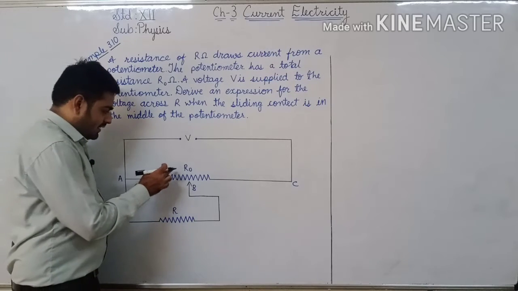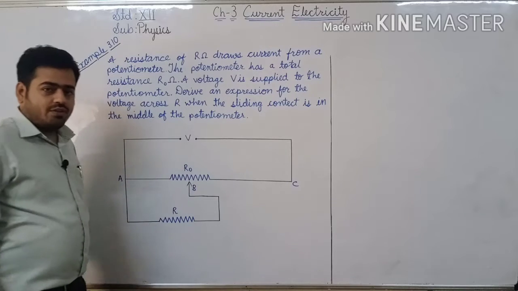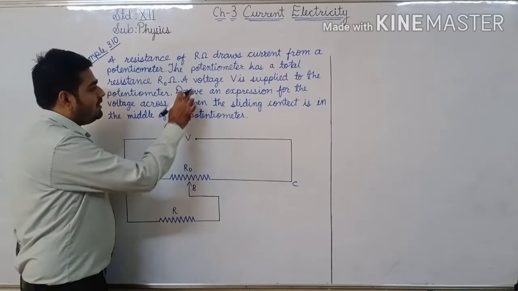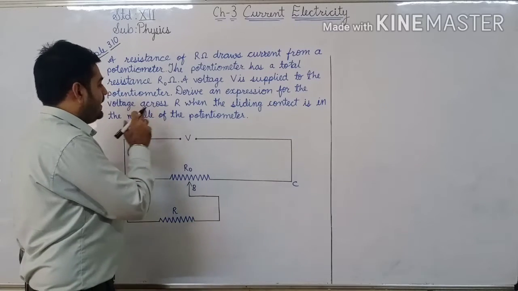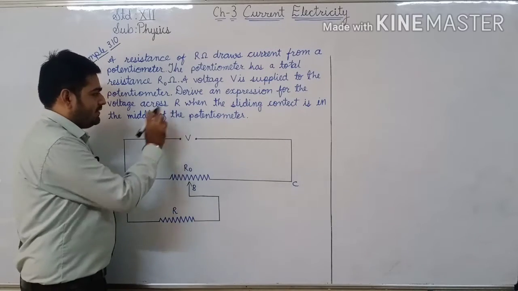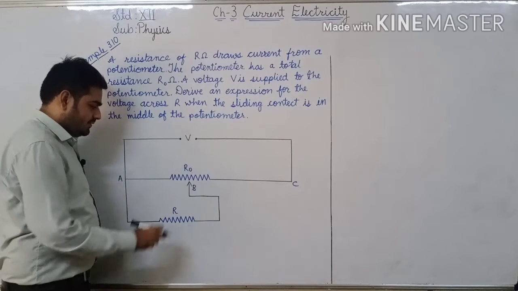Potentiometer wire, and resistance of potentiometer wire, that is R naught ohm. A voltage V is supplied to the potentiometer. Derive an expression for the voltage across R when the sliding contact is in the middle of the potentiometer.